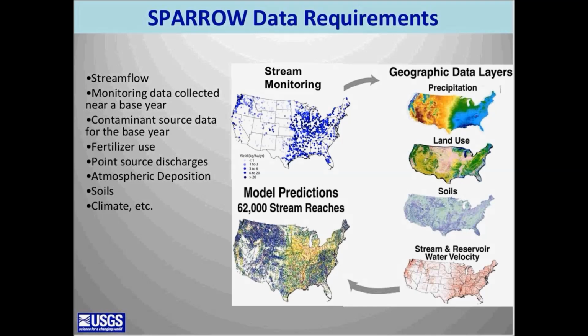Also, because we're dealing with nitrogen and phosphorus, the U.S. Department of Agriculture Statistics puts out nitrogen and phosphorus use on crops every 5 years. So there was data for 2002, and also data for 2007. But for national consistency, we're using 2002 as our base year for SPARROW.